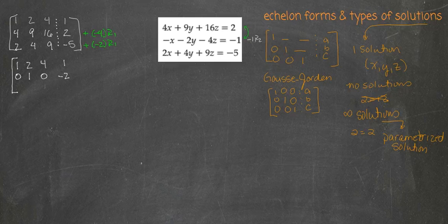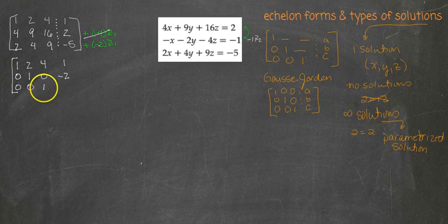All right, continuing the pattern. 1 times negative 2, I might cross this out just because I'm done so I don't get myself lost and confused. 1 times negative 2 is negative 2 plus 2, 0. 2 times negative 2, negative 4 plus 4 is 0. And 4 times negative 2 is negative 8 plus 9 is 1.